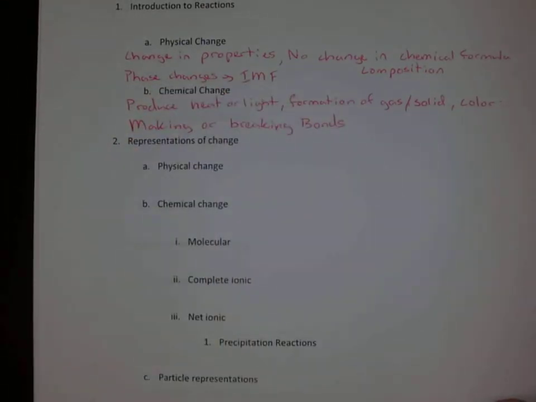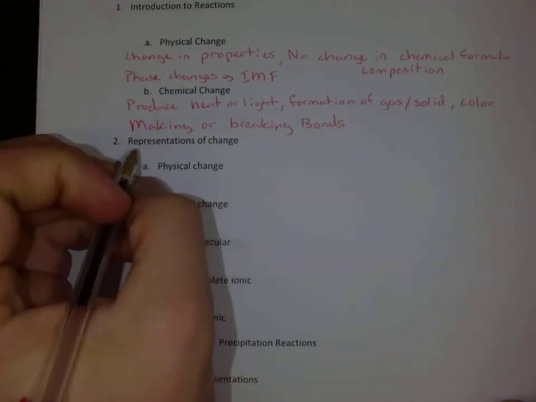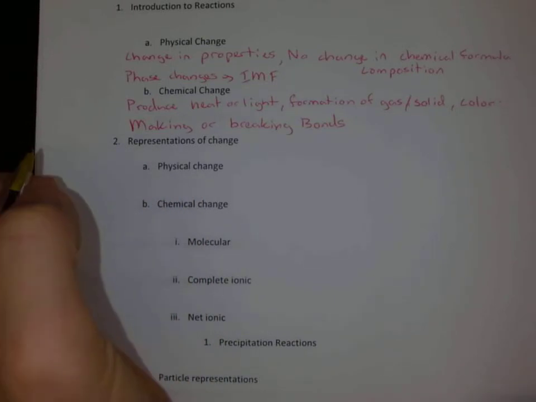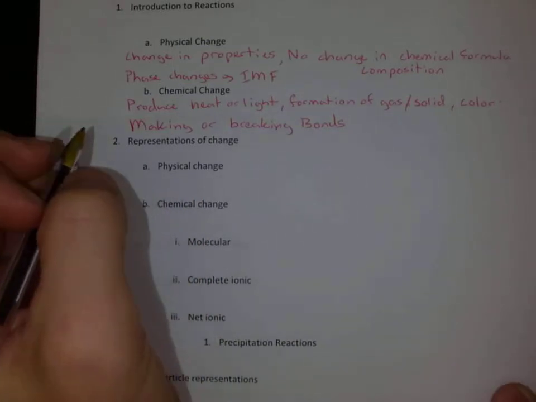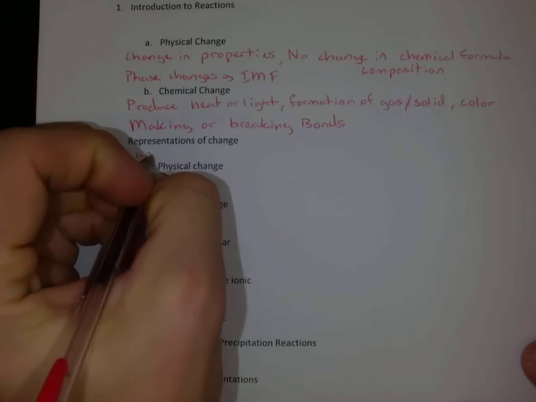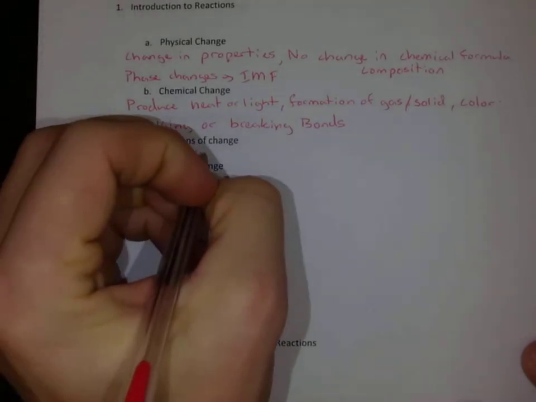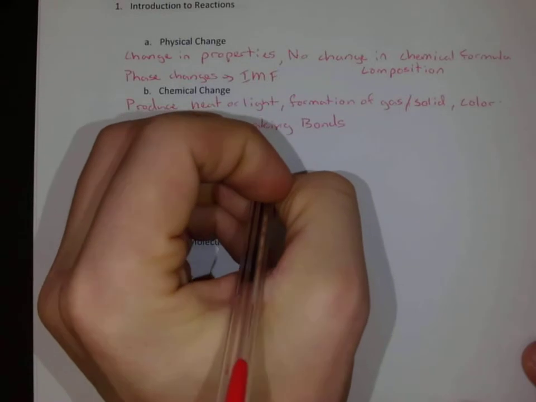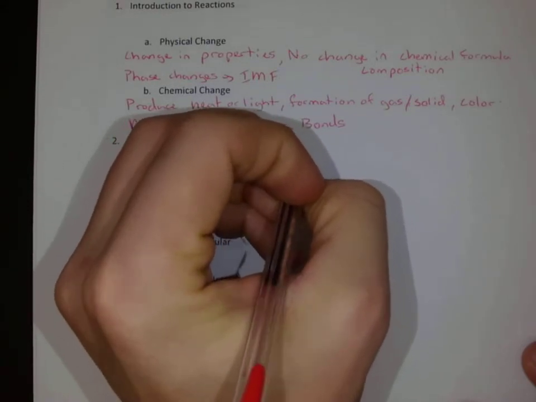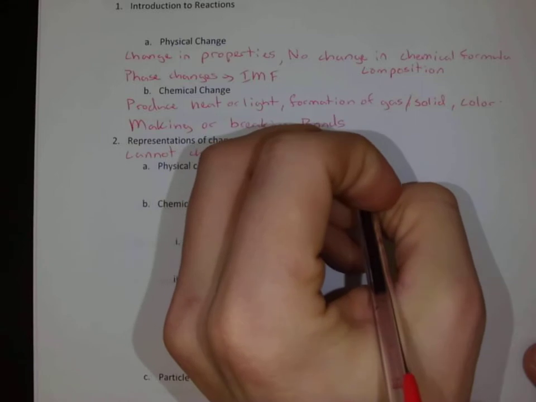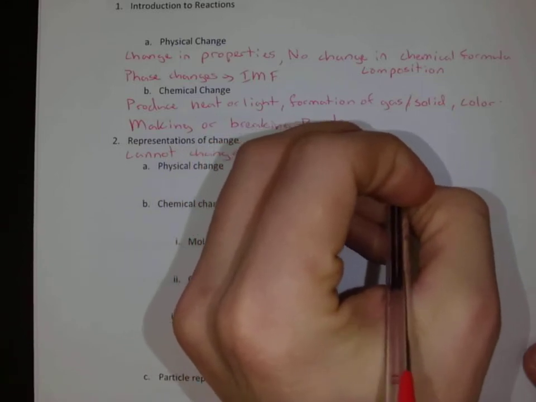So our representations, right? Anytime we do representations of the change, right, we have to follow the law of conservation of energy, mass, and charge. So we cannot change the numbers or amounts of elements. Okay?